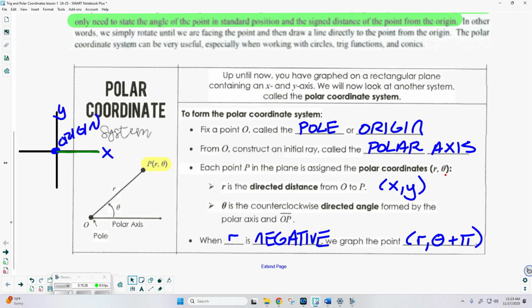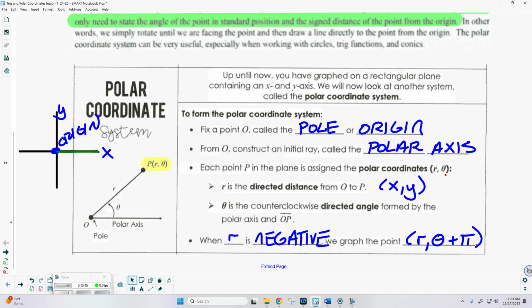And this right here is how you're going to be writing all of your points. It's going to be r comma theta. So the radius comma theta. R is the directed distance from O, the pole, to P, and theta is the counterclockwise directed angle formed by the polar axis and the segment OP.